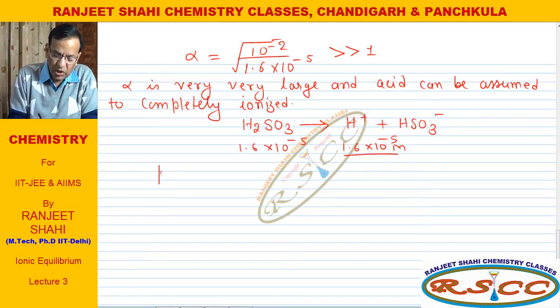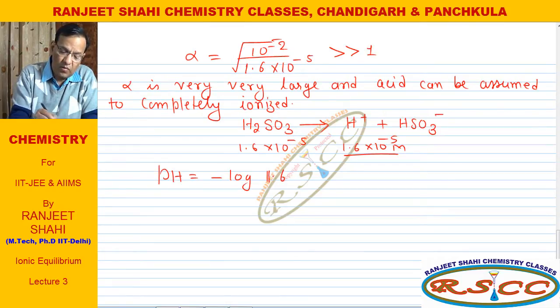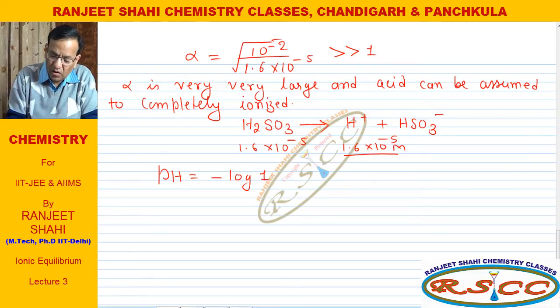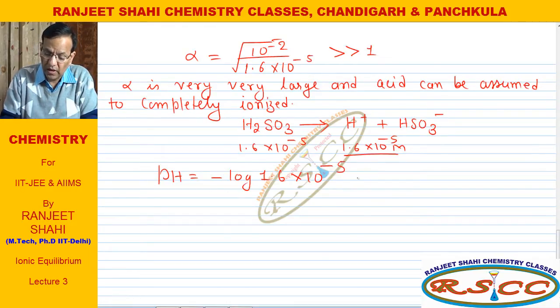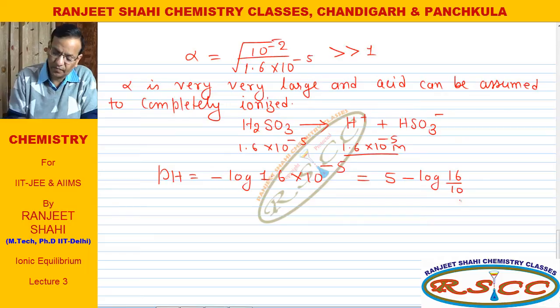So pH will be minus log of 1.6 × 10^-5. If we take negative log of this quantity, it will be 5 minus log of 1.6, which can be written as 16 by 10.